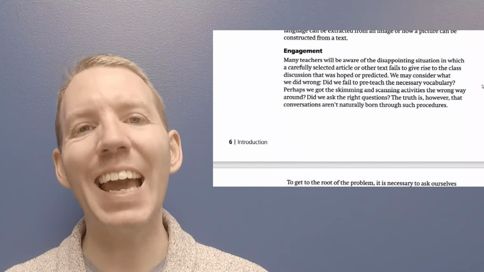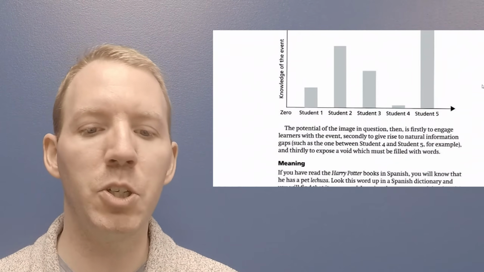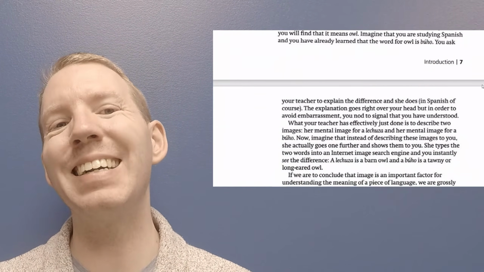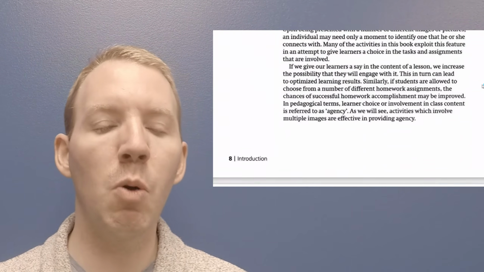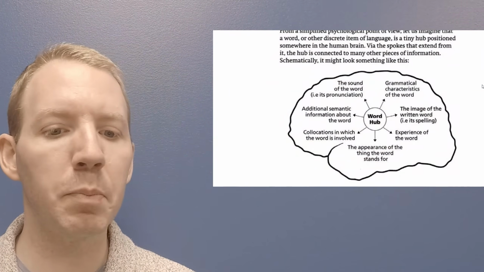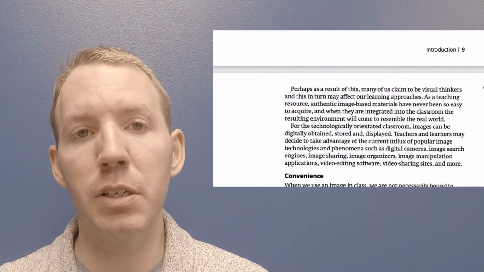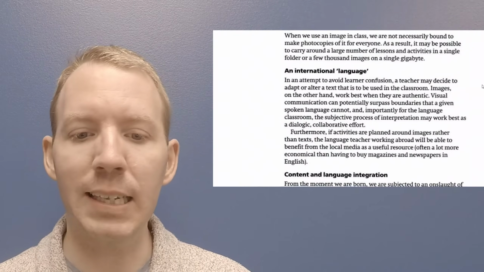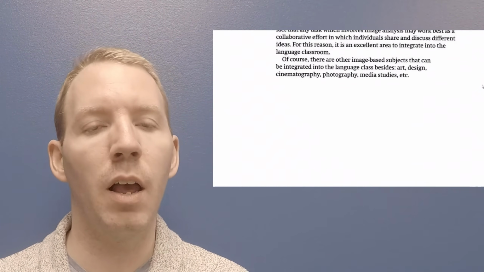The biggest takeaway that I got from the book, though, wasn't the images. It was the deeper idea presented by Jamie, that no matter what authentic materials you use, be it text, images, videos, and we'll get to that later, it's how you tell the story that matters.